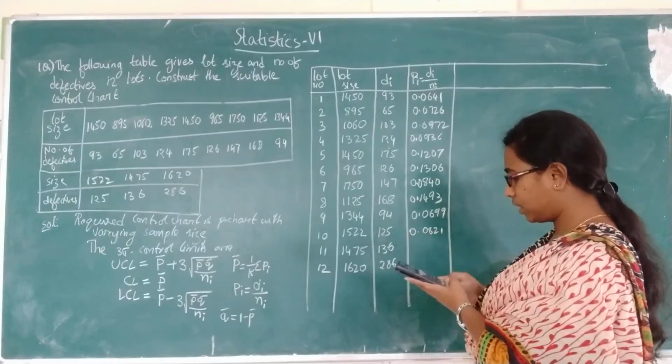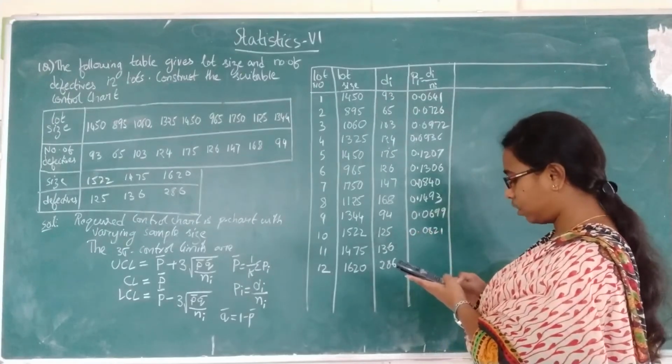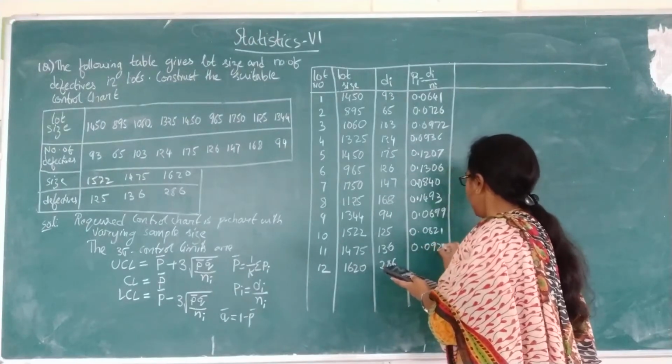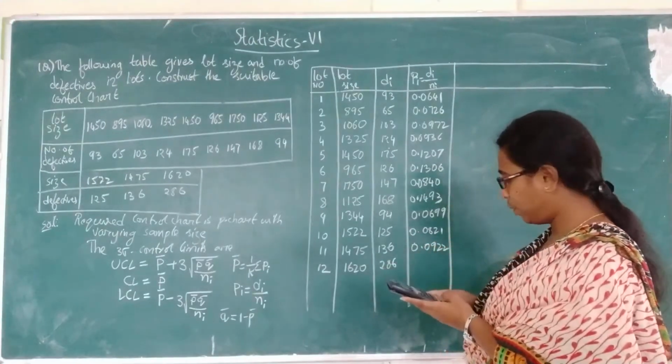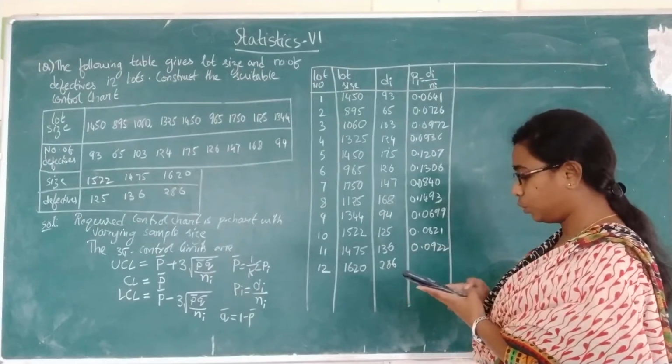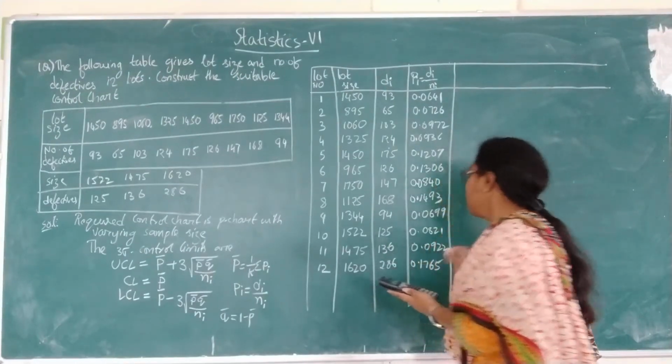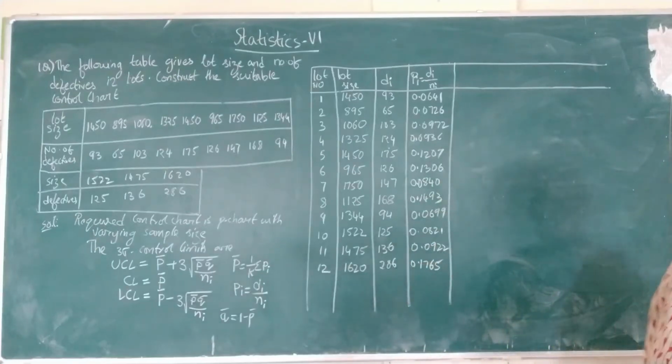Next, 136 divided by 1475. 0.0922. The last one, 286 divided by 1620. 0.1765. Now we got all the Pi values.